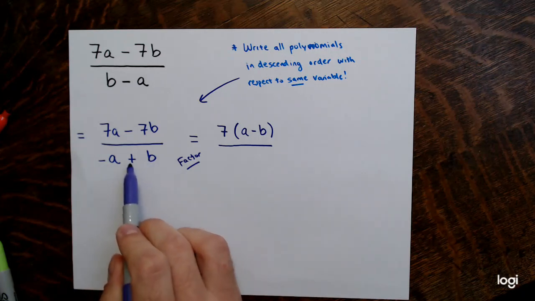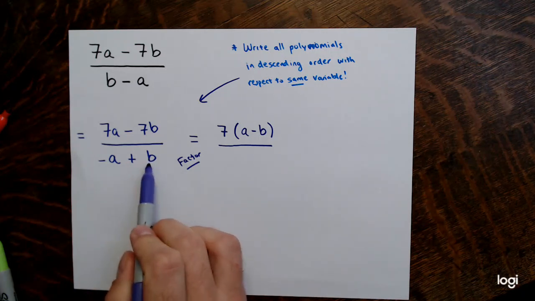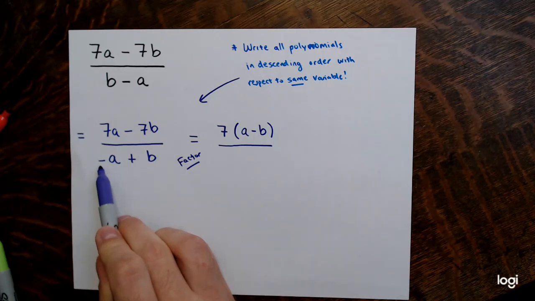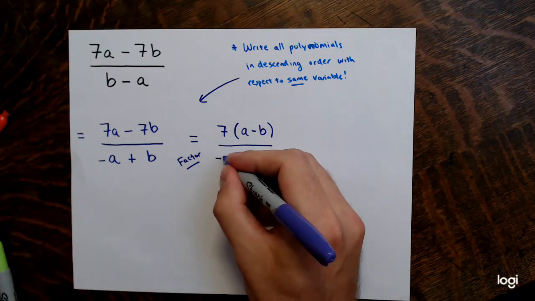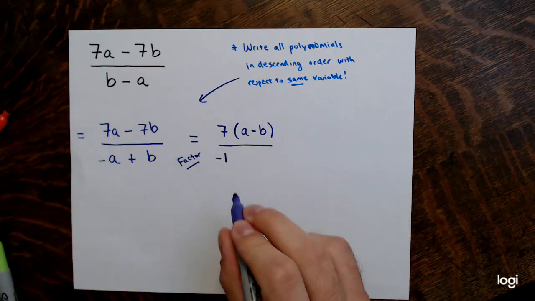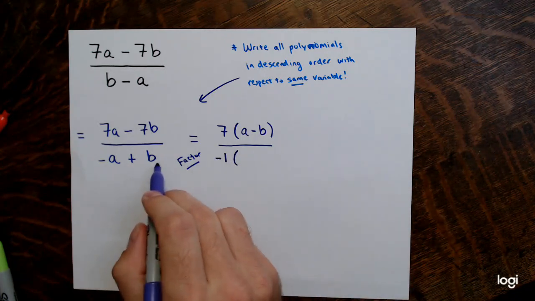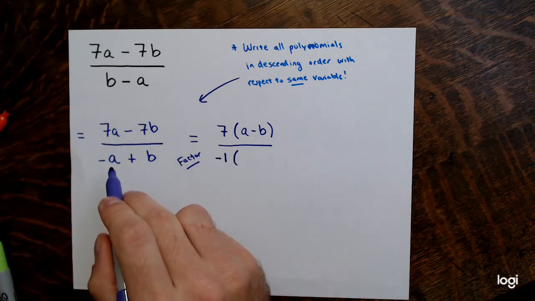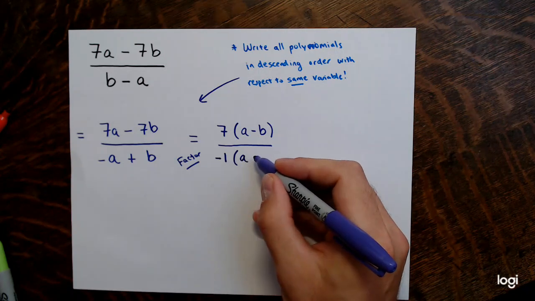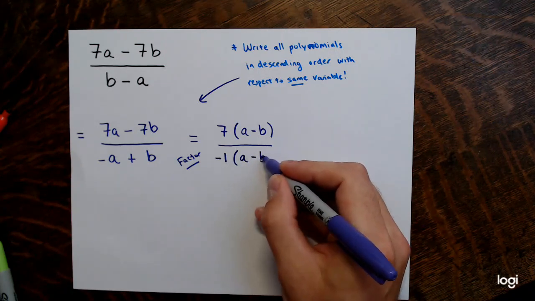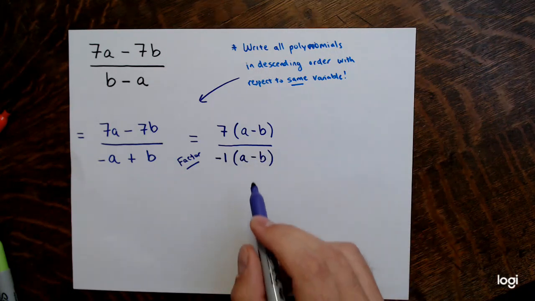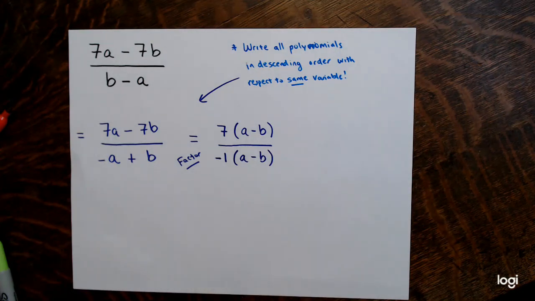If you look at these, the greatest common factor would be 1, but my lead is negative. And I've mentioned this before. When the lead is negative, I'm going to pull out the opposite of the greatest common factor. So I'm going to pull out a negative 1 from this polynomial. When I remove negative 1, what's left over? Negative 1 times a would be negative a, and then negative 1 times negative b would be positive b. And so I have a minus b left over.